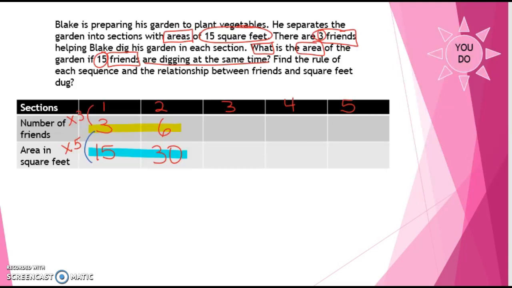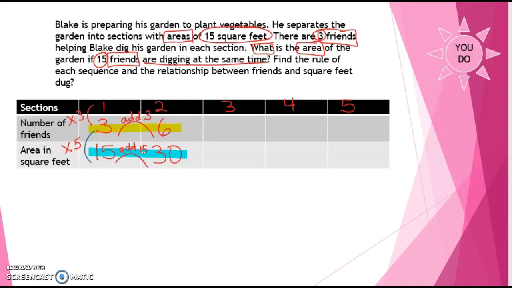So what you can see is if we go from 3 to 6, we have added 3. And if we go from 15 to 30, we have added 15.